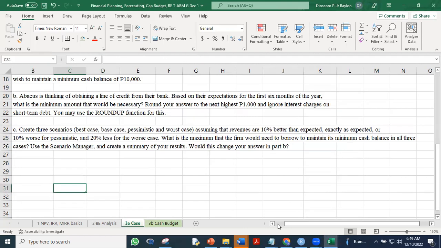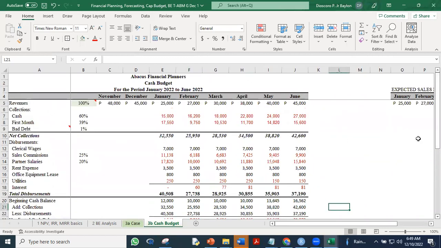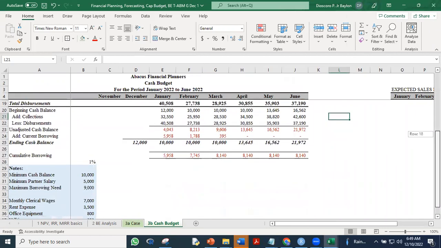All right, so this is the case. This one, I created already the model, and the answers are here so that our discussion will be fast. But let's not touch this. Let's create another worksheet.